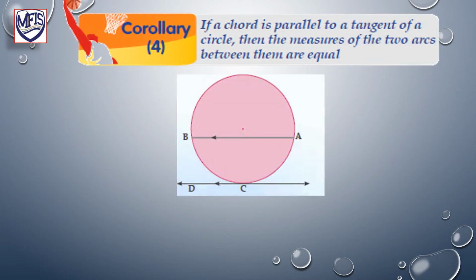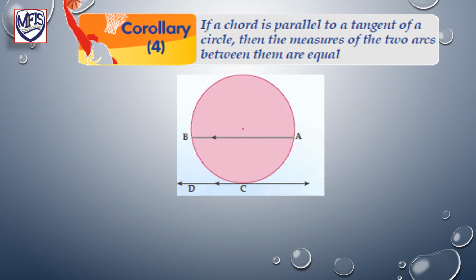This is the last corollary, number 4. If a chord is parallel to a tangent of the circle, CD here, a straight line tangent of the circle. We studied before, tangent means a straight line that touches the circle, intersecting with the circle at one point, and point C is called the point of tangency. Okay, if the chord AB is parallel to the tangent CD, then the measures of the two arcs between them are equal.